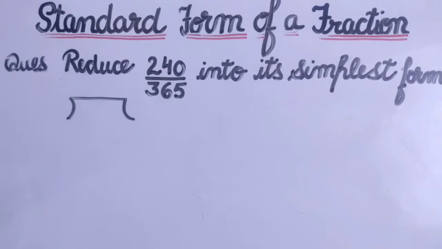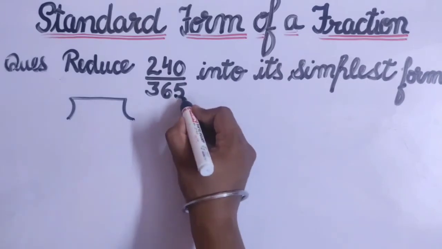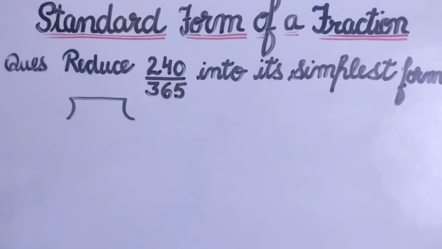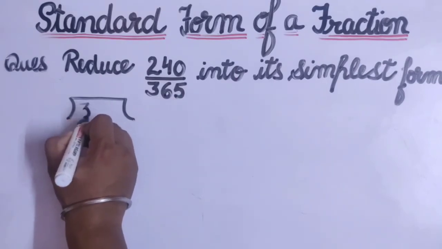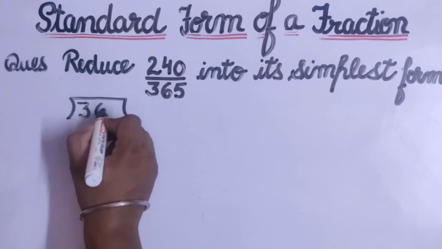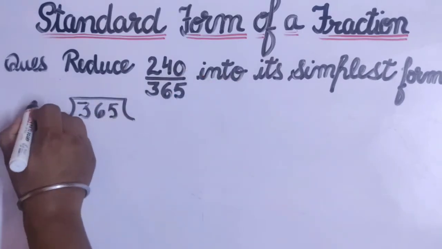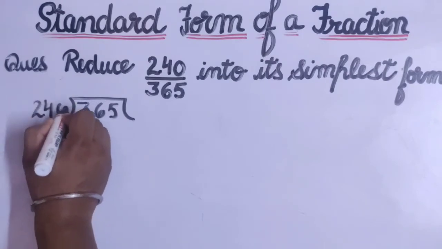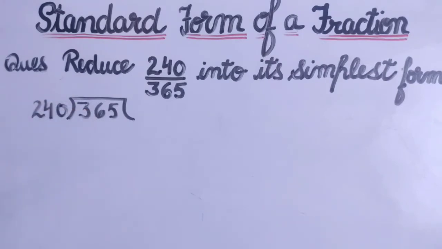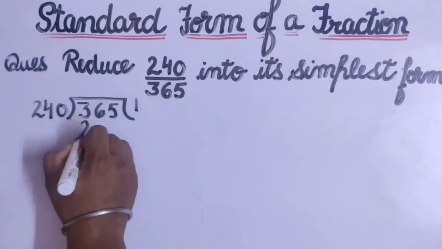First step to find out the HCF by long division method is the greater number which is given to us, we write as a dividend, and the smaller number we write as a divisor. Yes students, let's find out its HCF. 240 ones are 240.